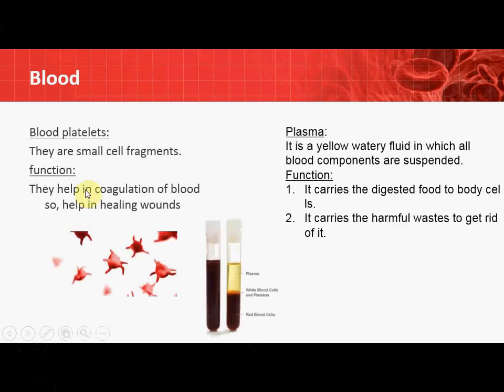RBCs transport gases. Plasma transports digested food, wastes, salts, vitamins, all these things. Blood platelets and white BCs protect the body. White BCs defend the body against microbes. Blood platelets form blood coagulation.